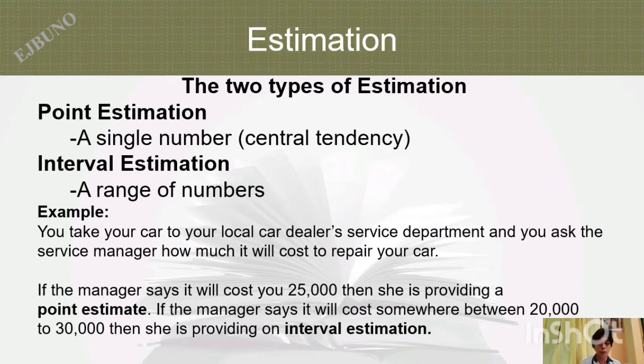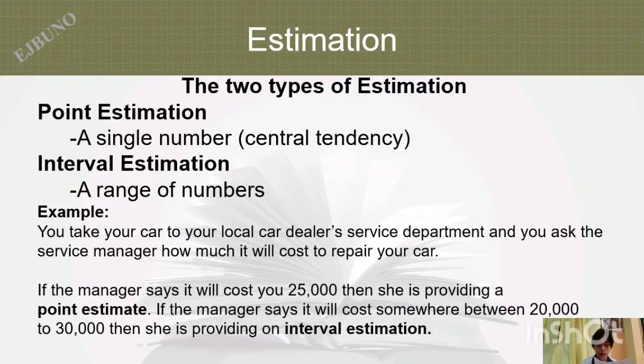Estimation, the two types of estimation. Point estimation, a single number or central tendency. Interval estimation, a range of numbers. Example: you take your car to your local car dealer's service department and ask the service manager how much it will cost to repair your car.